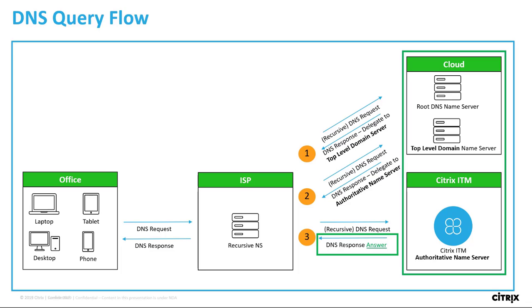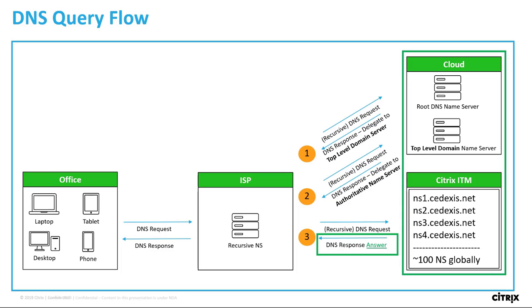It'll talk to one of the 13 root servers to find out the top level domain, whether it's .net or .com. And that top level domain server is going to direct it to a Citrix ITM name server. ITM is going to return that public IP address to reach the closest gateway. It's going to do that through one of 4 of those global name server FQDNs that are backed by, again, nearly 100 sites, so that wherever that query occurs, anywhere in the world, it's going to be a quick response.